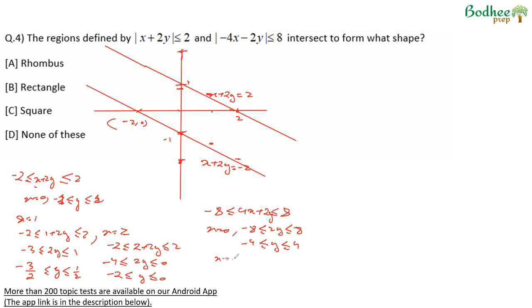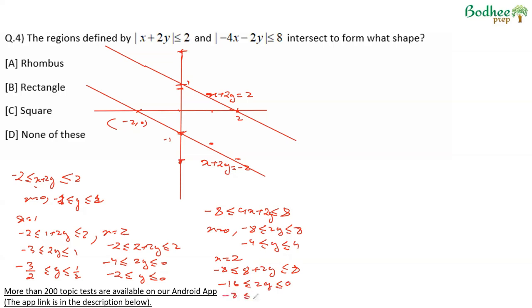When x is equal to 2, for example, here if you put 2, this will become 8. So if I take x is equal to 2, we will get minus 8 less than equal to 4 2s are 8 plus 2y less than equal to 8. Subtract 8: minus 16 less than equal to 2y less than equal to 0.